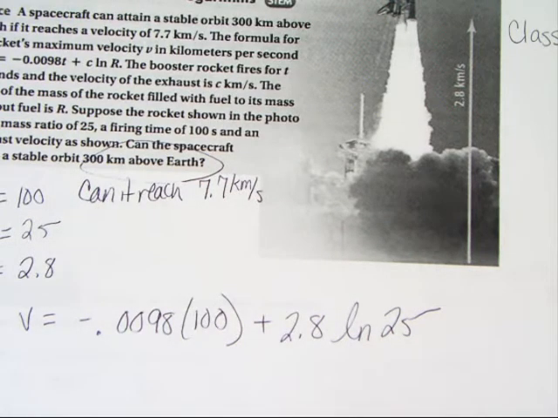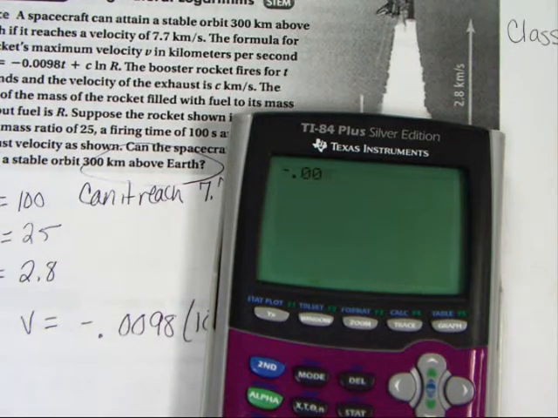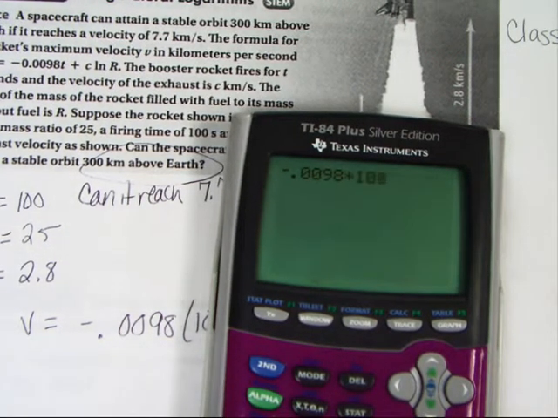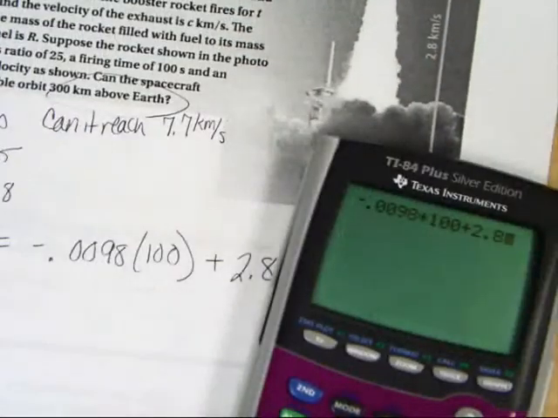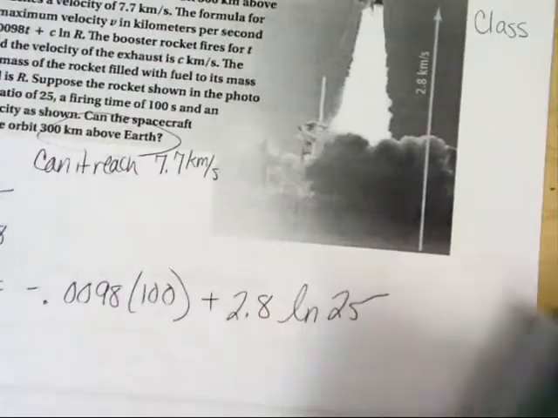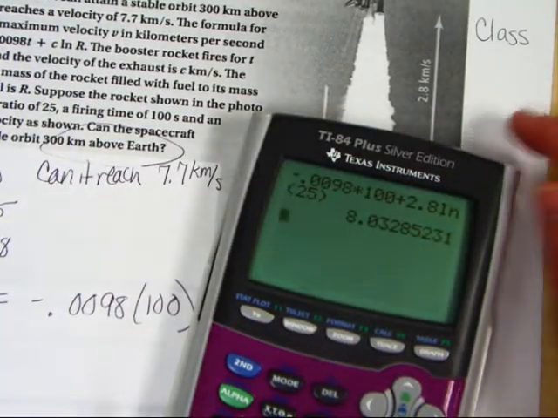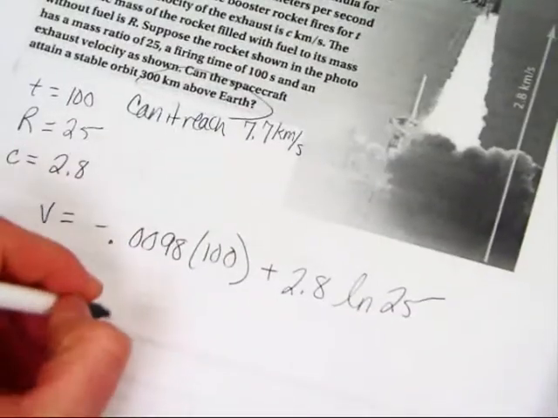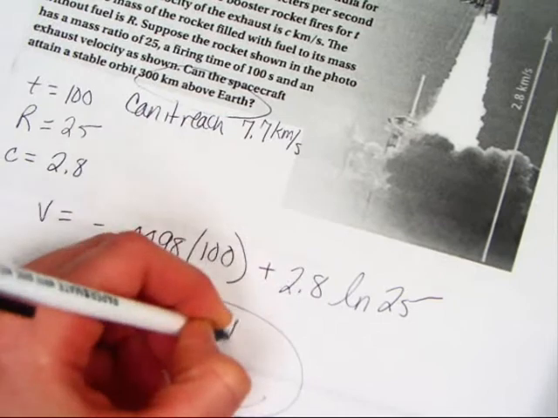All we need to do now is plug it into our calculator and see what we get. Negative 0.0098 times 100 plus 2.8 ln of 25, and we will get 8.03. So this is the velocity that it will reach.